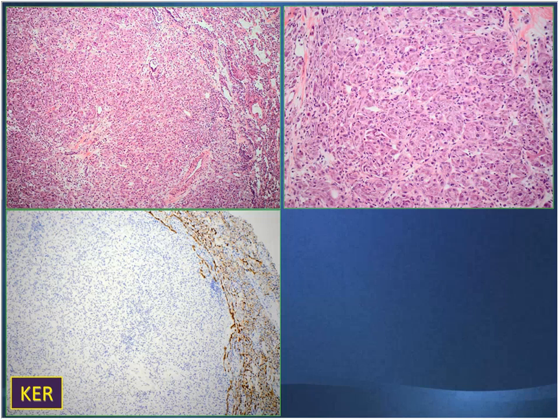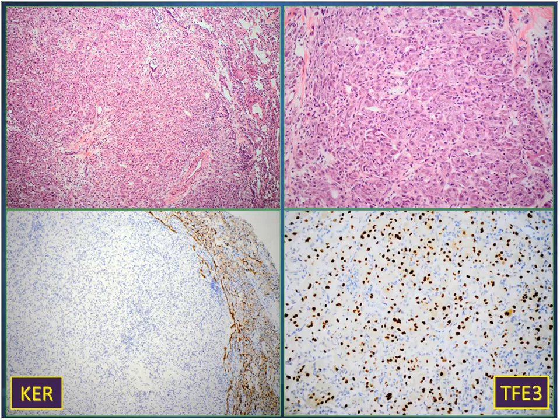As you can see in the lower corner, the tumor is clearly negative for cytokeratin cocktail, whereas the lung tissue is positive. With that clinical history, TFE3 showed that tumor cells are uniformly positive. The nuclear staining confirms metastatic alveolar soft part sarcoma in the lung.